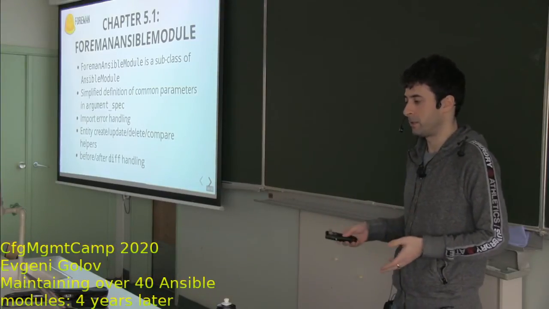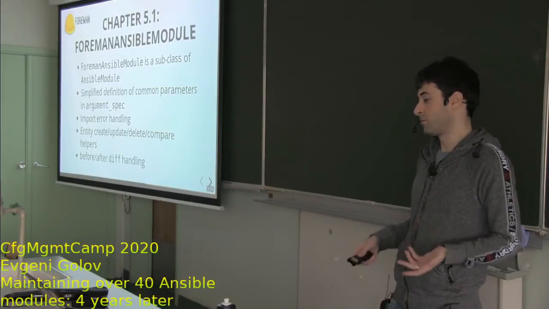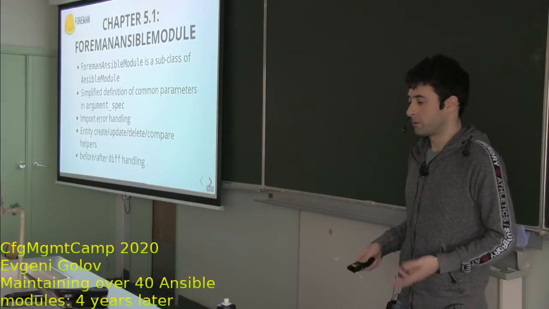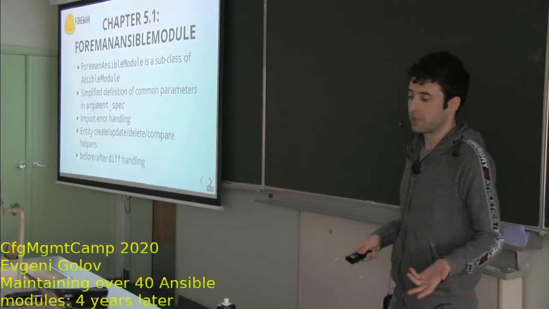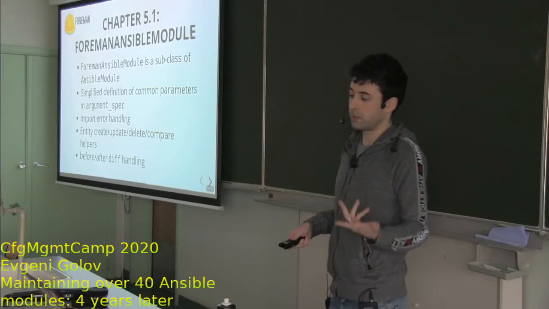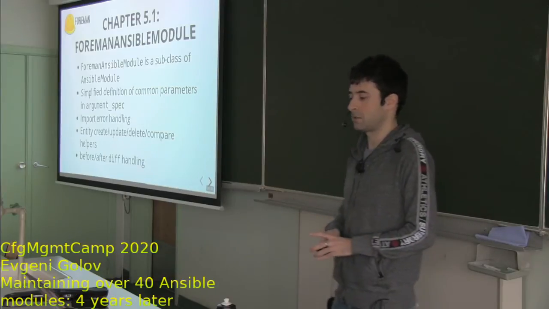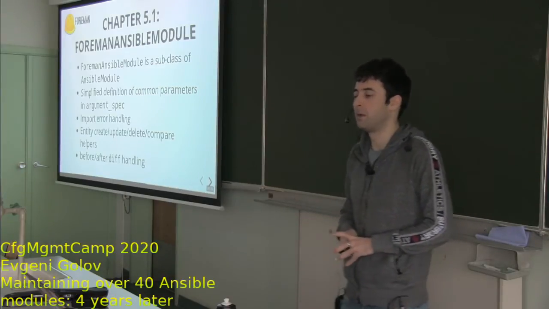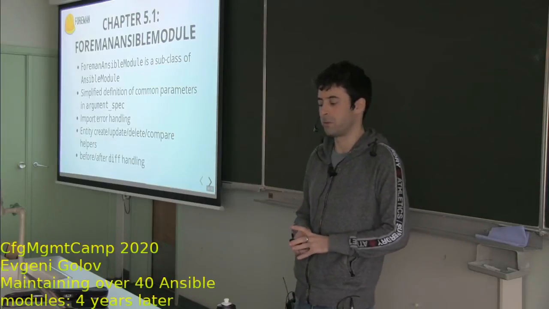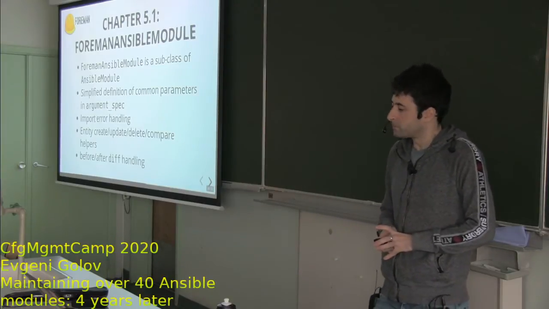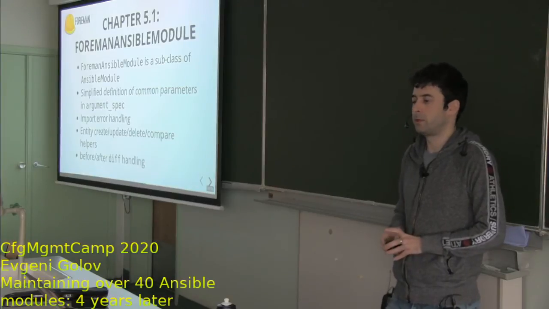So basically, every module gets this for free, because when it requests data, that's automatically recorded as before data, and if it changes data, it's recorded for the after entity in Ansible and can just be returned to the user again.